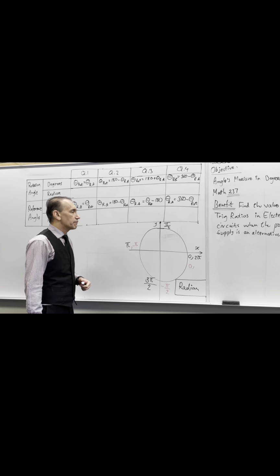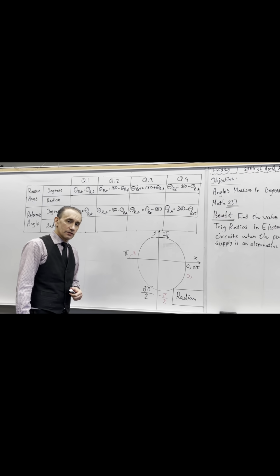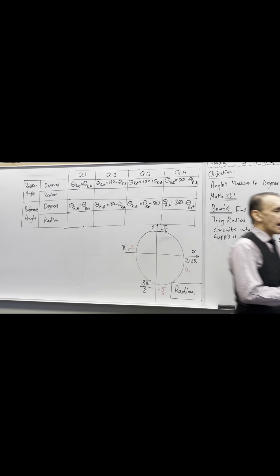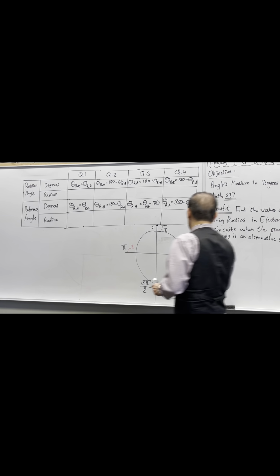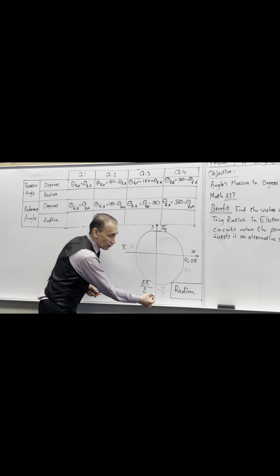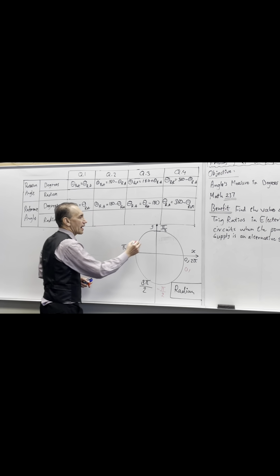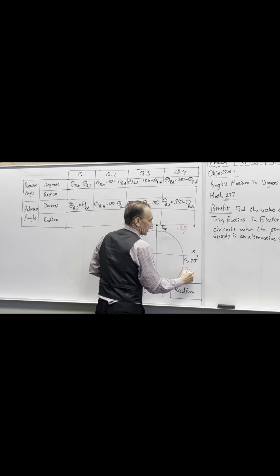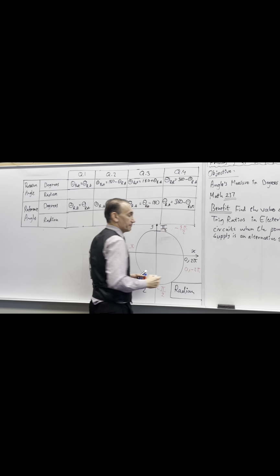That's if the rotation is anticlockwise. If the rotation is clockwise, the very beginning here is 0, and this is minus pi over 2, this is minus pi, this is minus 3 pi over 2, and this is minus 2 pi.